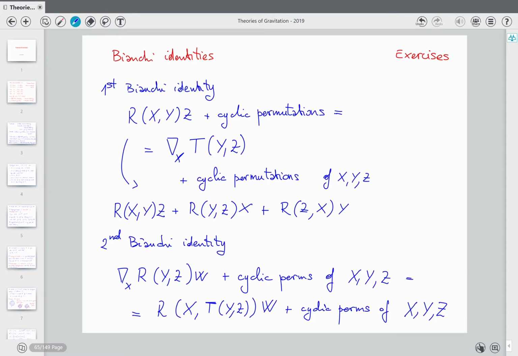So the first Bianchi identity is this right-hand side plus cyclic permutations, equal to del x T(y,z) plus T(x,[y,z]) plus permutations, and this should be completely general.